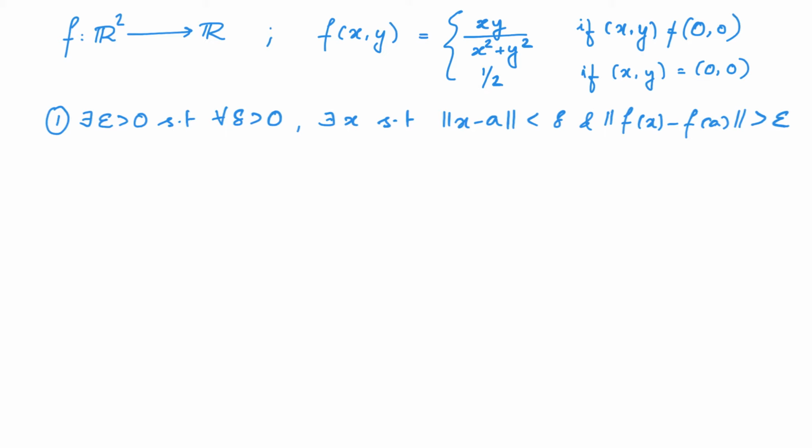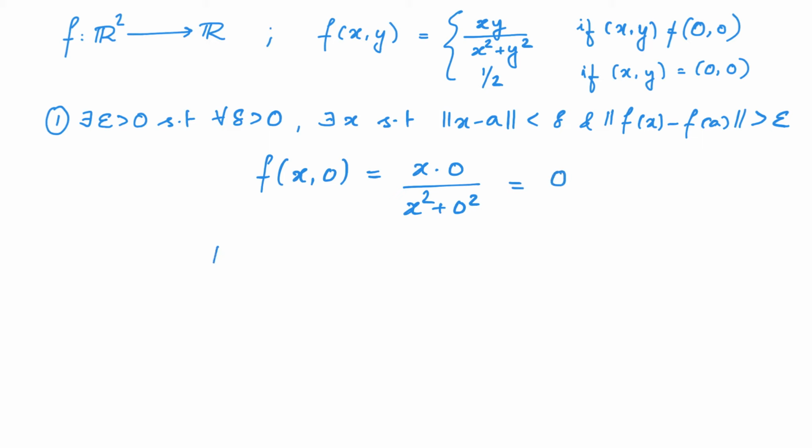So the important part is to find out the correct epsilon. For this, notice that if you take any point on the x-axis apart from the origin, then its image will be equal to x into 0 by x square plus 0 square, which is equal to 0.